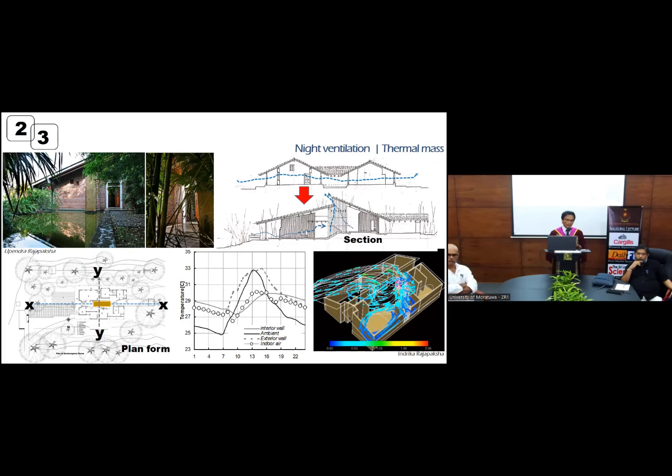So it shows there is a potential to apply thermal mass with night ventilation even in the tropics. And there's research done on this and a paper published, and that paper has attracted 207 international citations. So that gives the justification for applying thermal mass and night ventilation in the tropics.